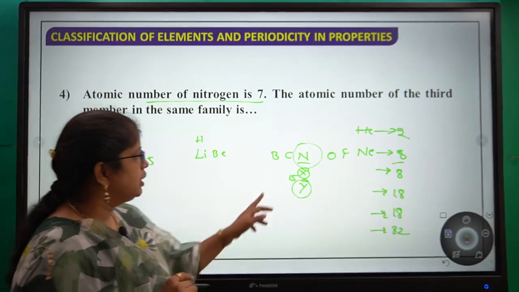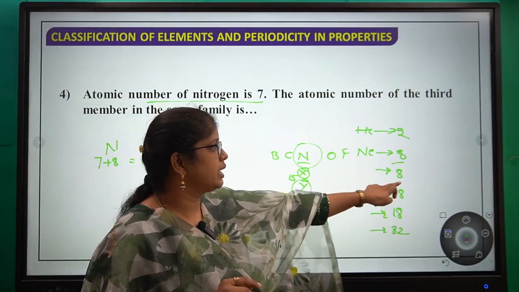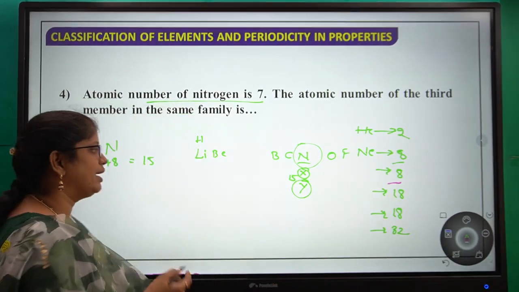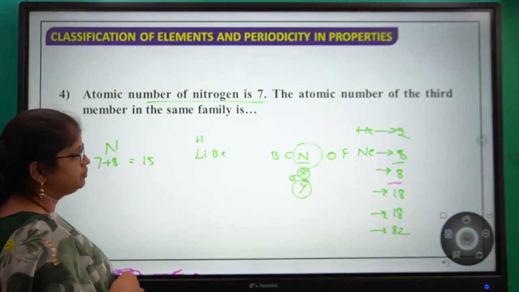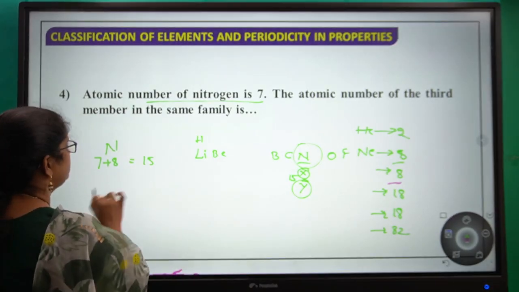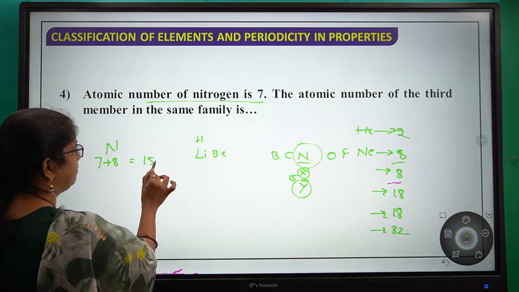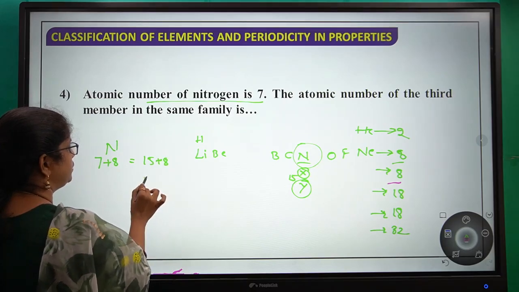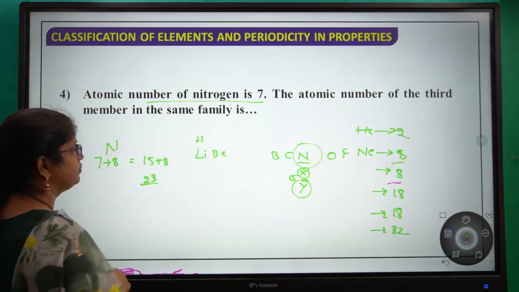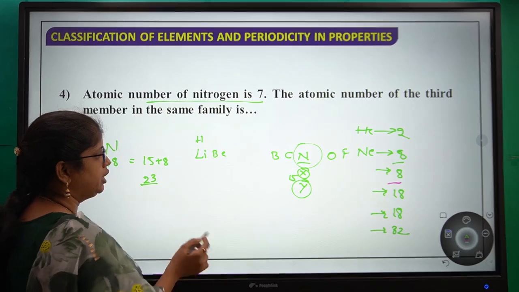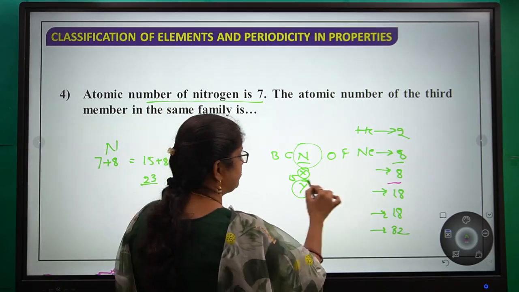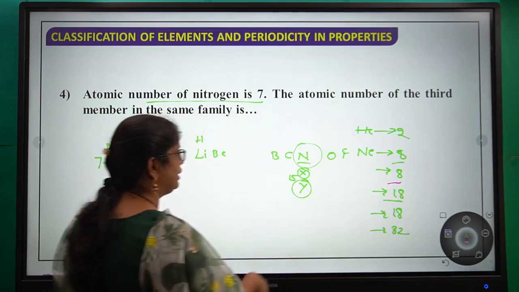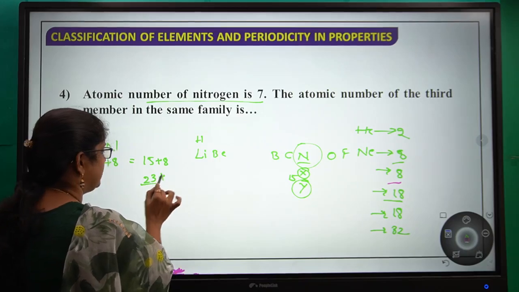Okay, next, in the third period how many elements again? 8 elements. So now again add 8 to that. How much will you get? 23. But here, after this, how many elements will you get? 18.